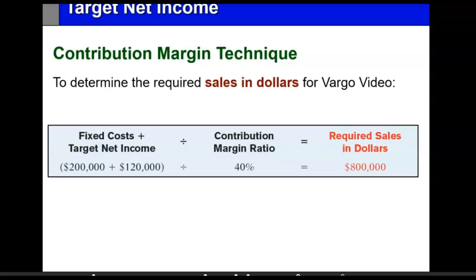So to conclude, all we have to do is add the desired net income to our fixed costs and divide through by the contribution margin per unit if I want the answer in units, or the contribution margin ratio if I want the answer in sales dollars.